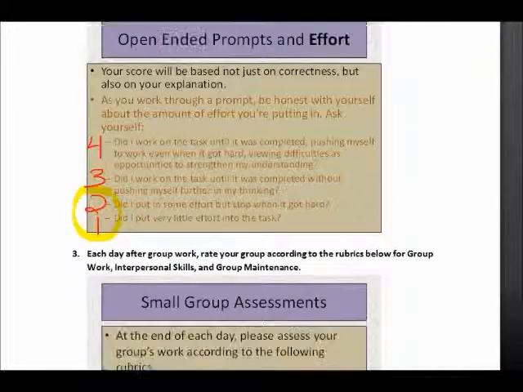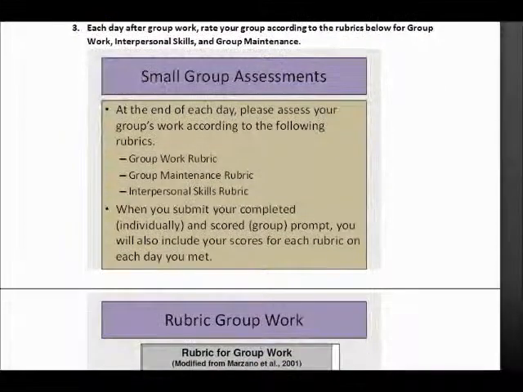Now, the last thing that we need to talk about with rubrics are these group work rubrics. There are 3 of them: the group work rubric, the group maintenance rubric, and the interpersonal skills rubric. And that is going to be the second component that you turn in at the end of this unit.